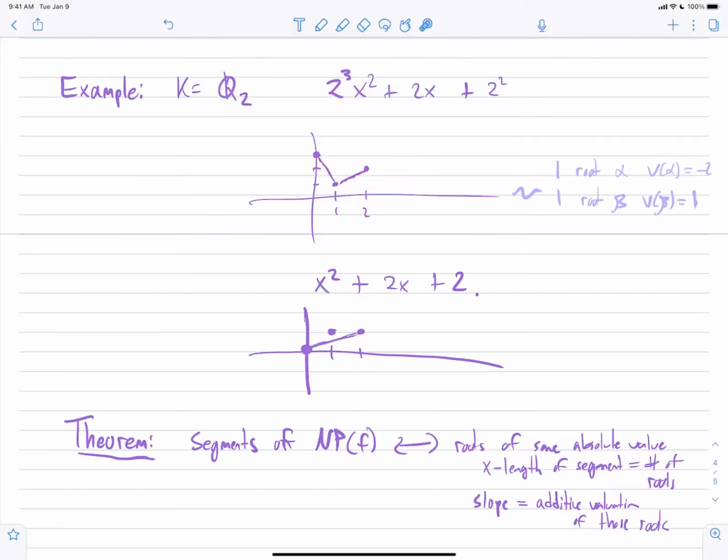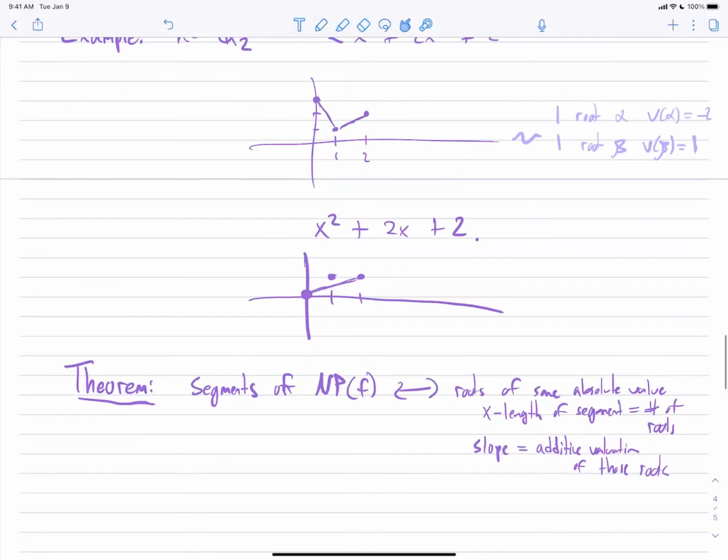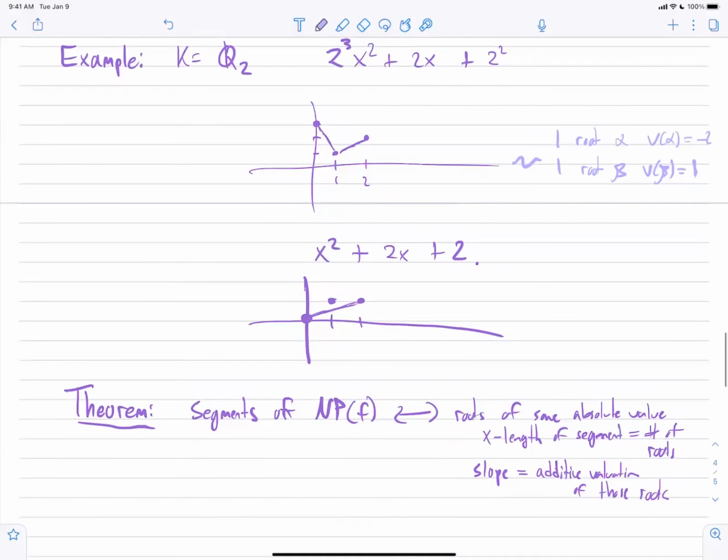So each of these segments also corresponds to a factor. The factor itself may not be irreducible, but all of the roots of the same valuation give you a factor of the polynomial defined over Q2, like defined over the base field. That's useful.